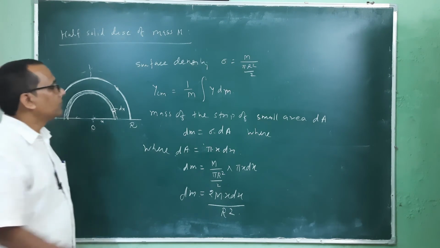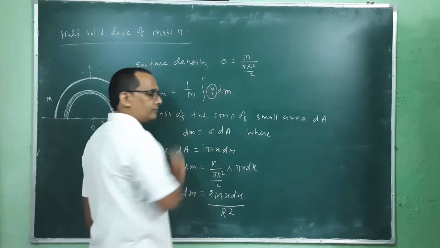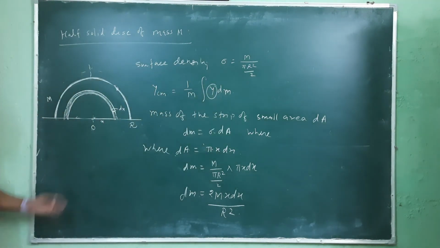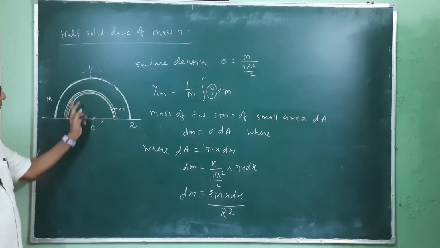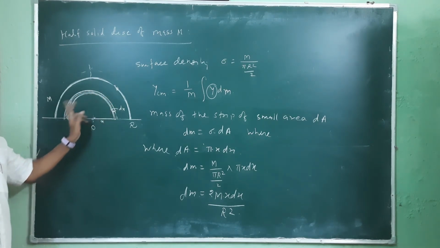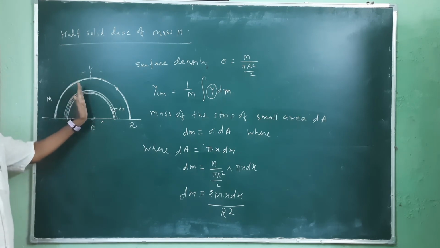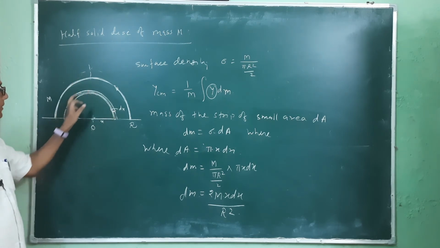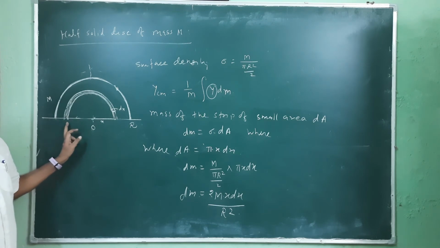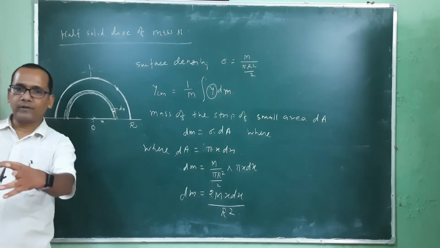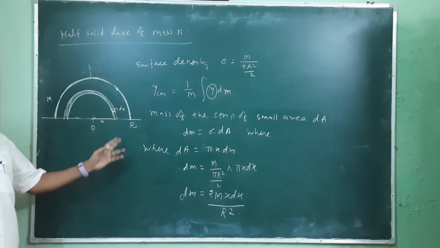Okay, now this y. This y is actually the center of mass of this strip, not just that y coordinate. This is the center of mass of this half ring, one can say. And earlier we have calculated the center of mass of that half ring.